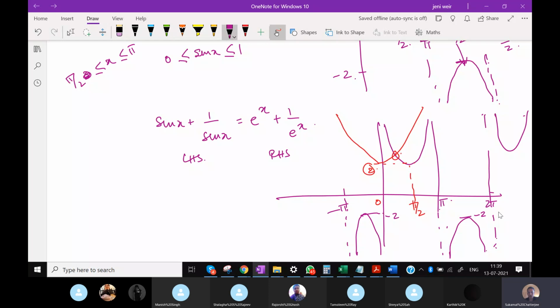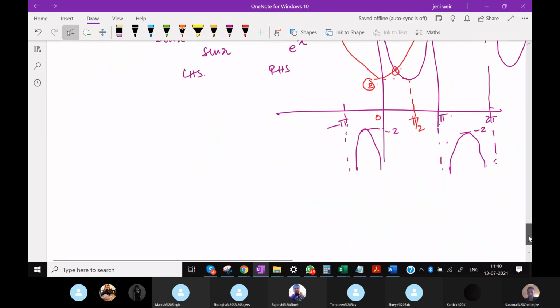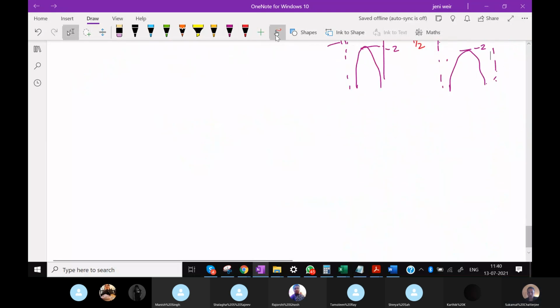So that means this equation will have only one solution. Clear? Similarly, if it is given that sin x plus, or let's say cos, I take cos x now.